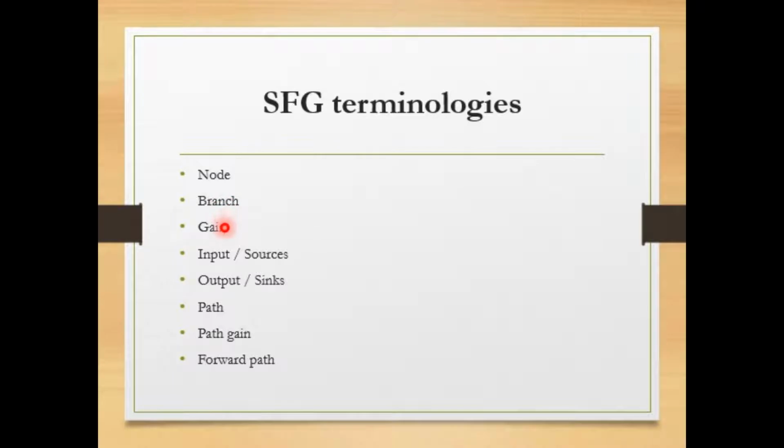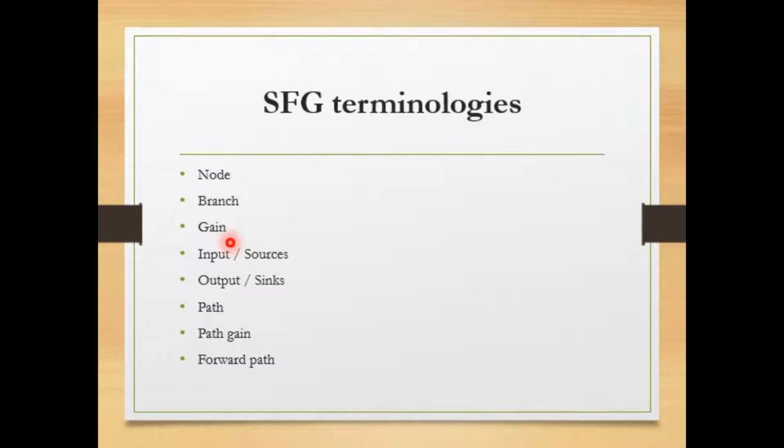So what is gain? The gain is nothing but the multiplication factor which is indicated on the branch. This gain is otherwise known as the transmittance. It is the gain which is acquired when the signal passes from one point to another point.